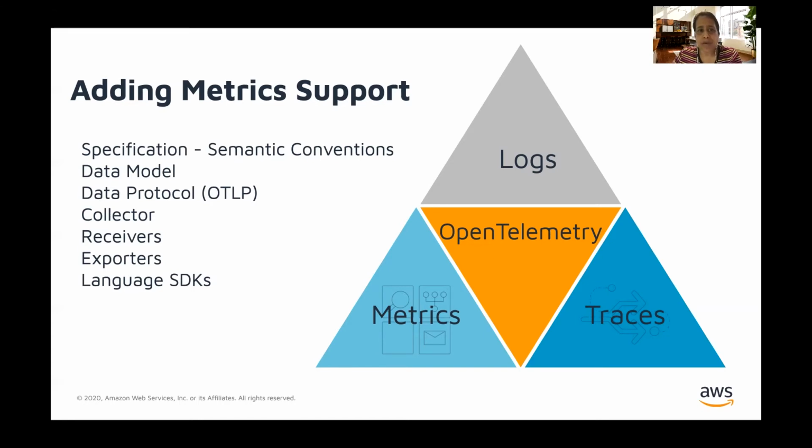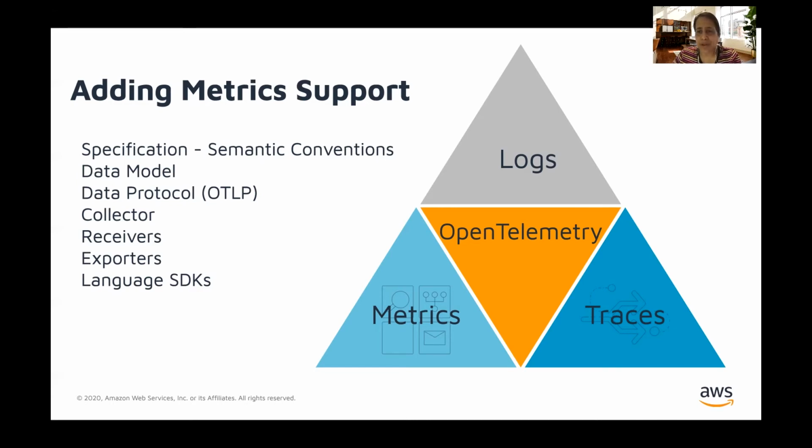In order to add metric support to OpenTelemetry, there are multiple areas that need to be focused on and fixed. The semantic conventions in the OpenTelemetry specification need to be updated. The data model needs to be aligned with supporting all types of instruments for metrics.